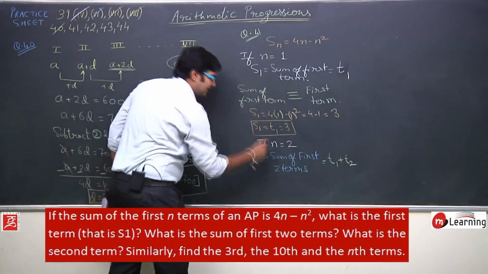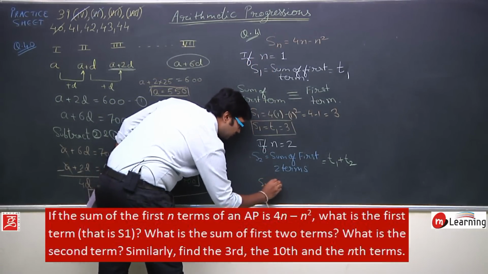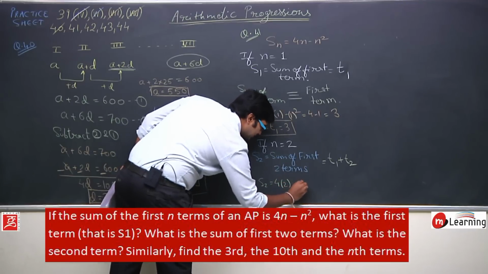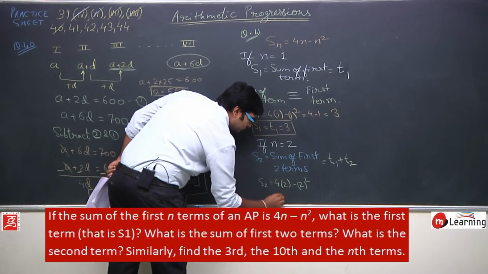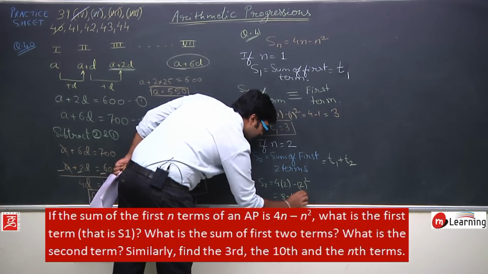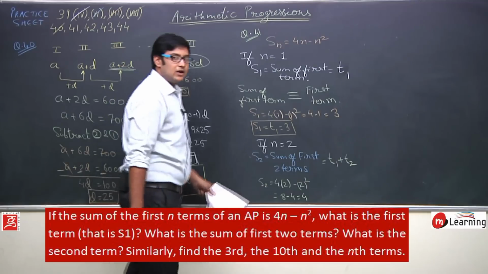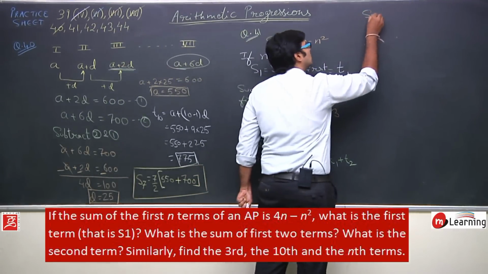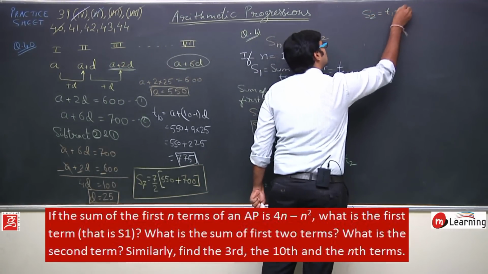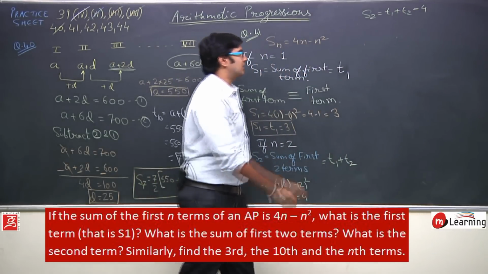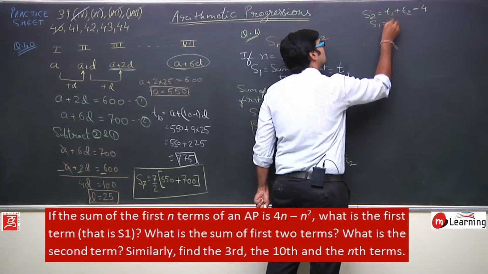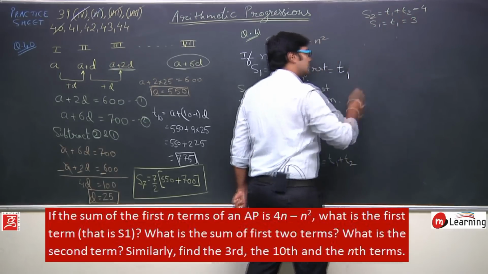So S2 is equal to 4 into 2 minus 2 square. This will give you 4 into 2 is 8 minus 4, that is equal to 4. Now you have S2, which is equal to T1 plus T2, is equal to 4, and you have S1, which is equal to T1, which is equal to 3.